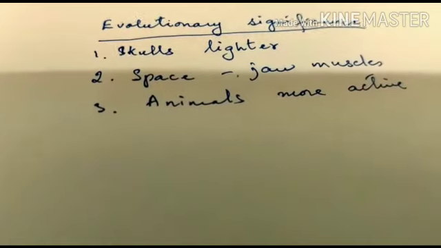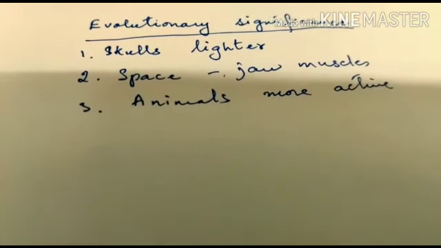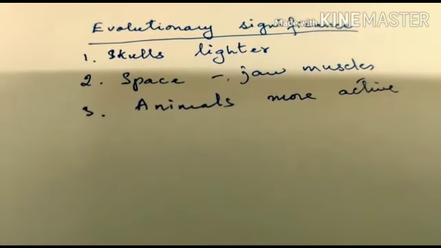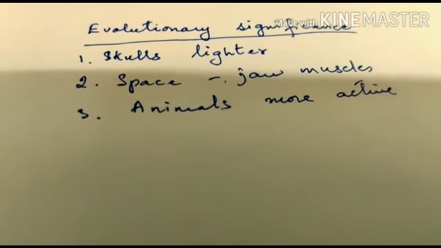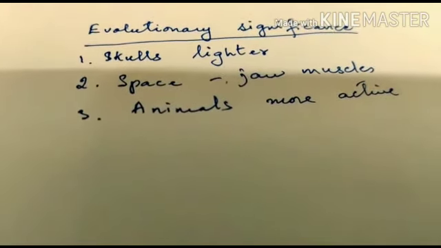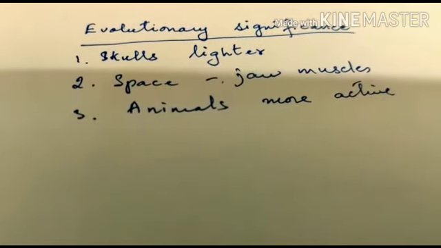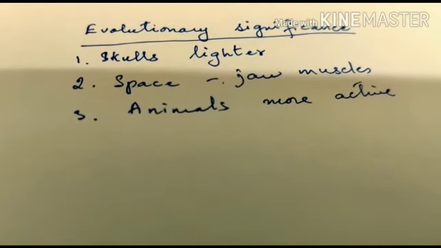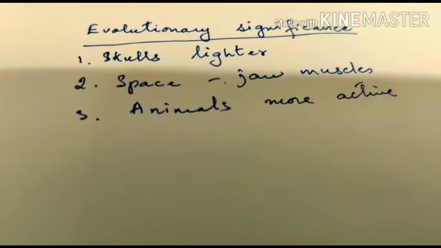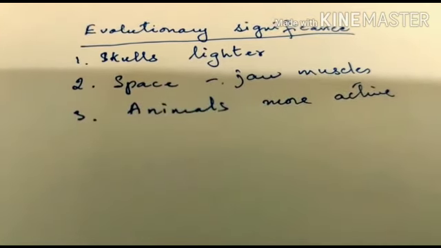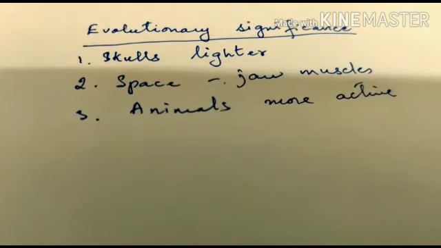If the skulls are heavy, it means that the animal is not very active, or it can't move very fast, because it has to carry the burden of the skulls. And second is, wherever you find the fenestrae, the fenestrae help in the attachment of the jaw muscles. So to these open spaces, the jaw muscles are attached.